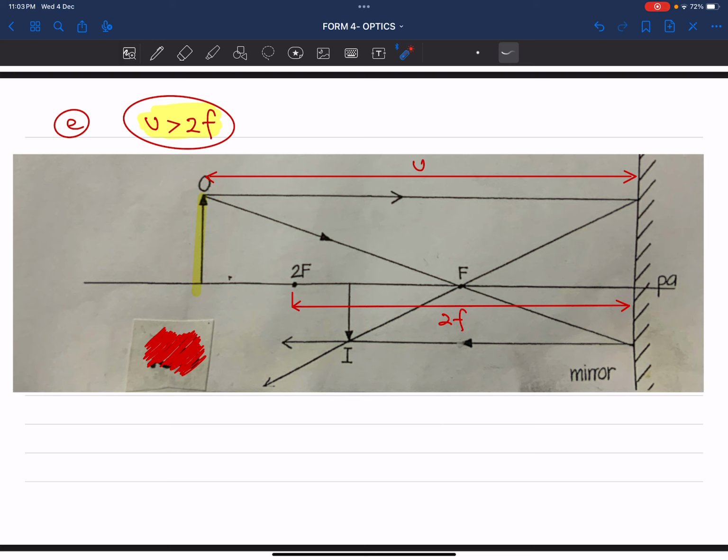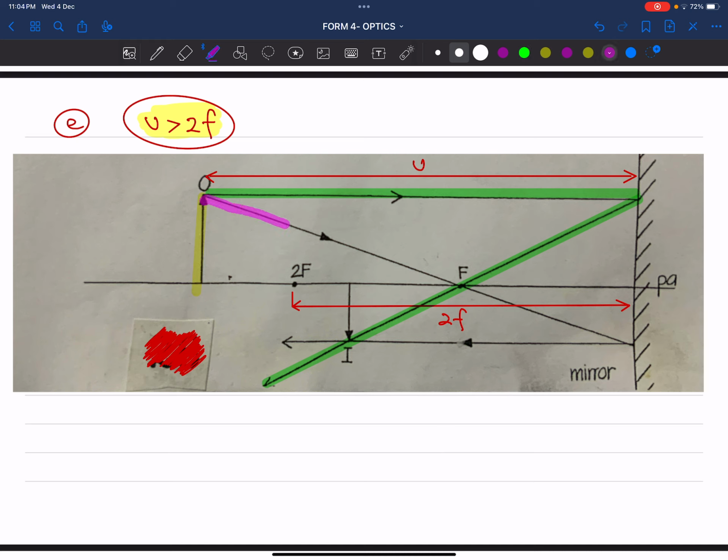And how are we going to get the position of the image? As usual, a ray that is parallel to the principal axis, after the mirror reflects, will go through F. The second one would be a light ray that is going through F, reaches the mirror and will become parallel.